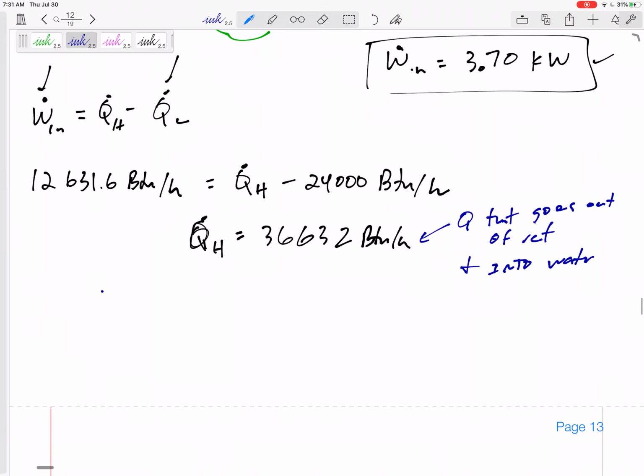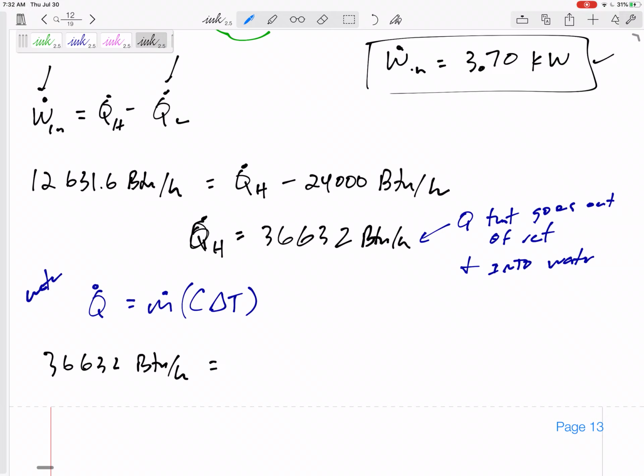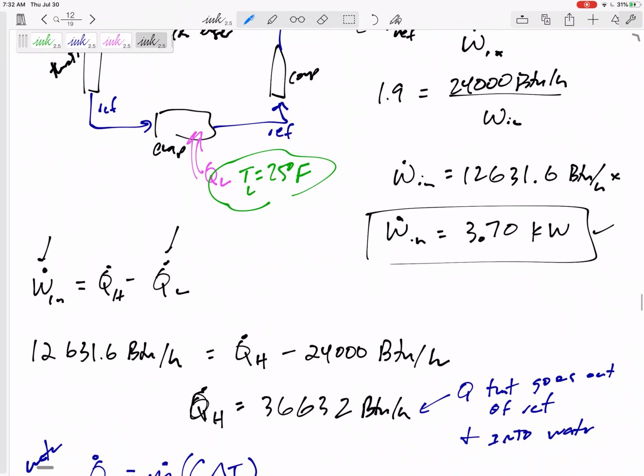I was given the specific heat, so M C delta T. Does that make sense? Now I'm looking at the water: the Q for the water, 36,632 BTU per hour, equals M dot, 1.45 kilogram per second. My units are all messed up here.